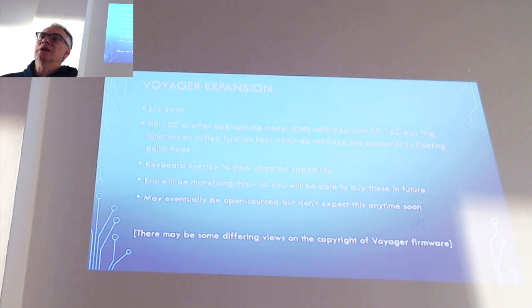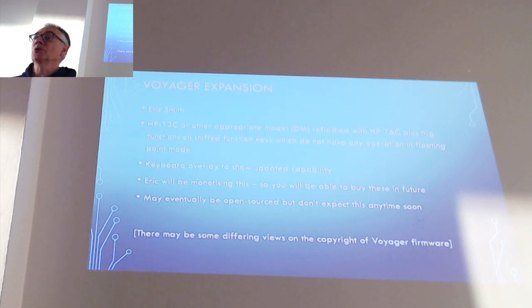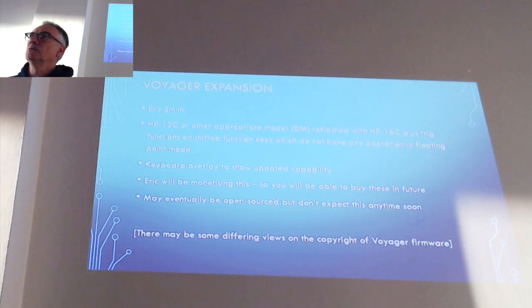Eric Smith talked about another Voyager. What he's done is he's got a 12C or an appropriate DM15 reflashed to a 16, but then because there's a whole load of keys on the 16 that only work if you're in hex, non-floating point, they're spare.